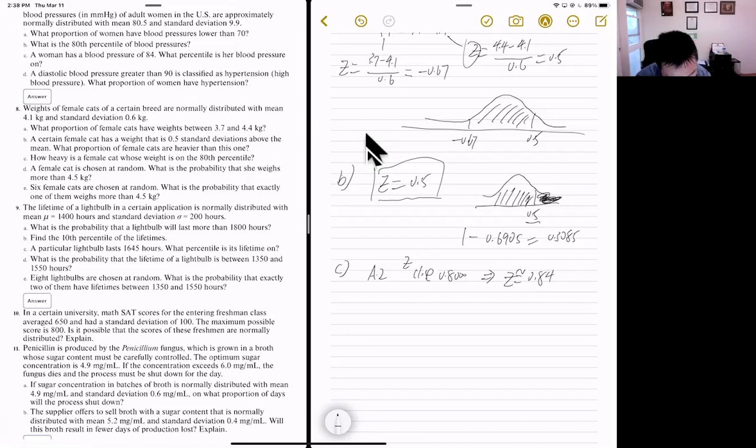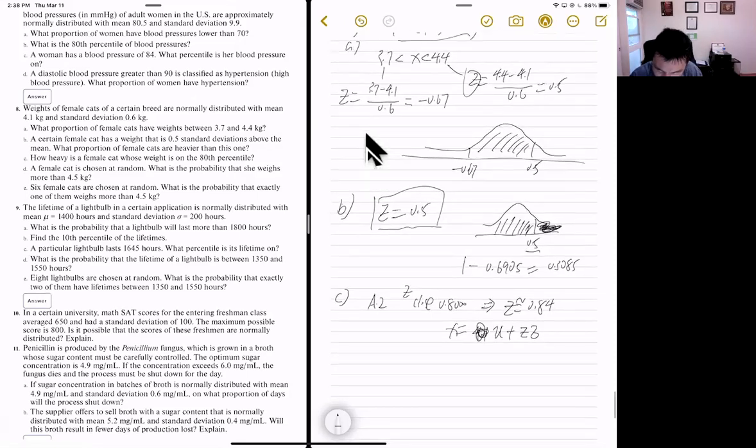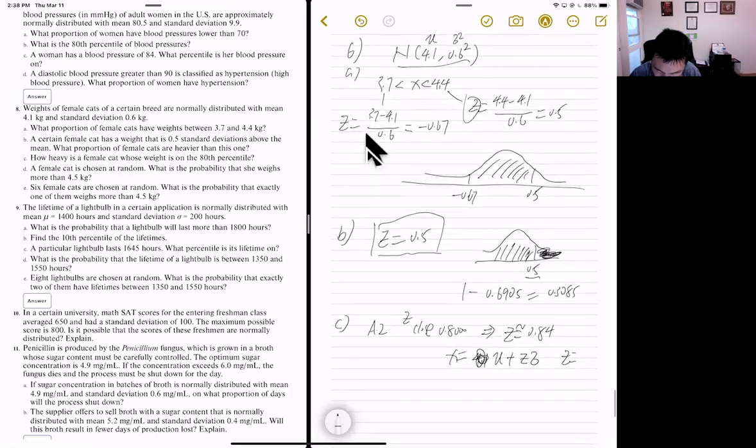Then asking for the weight, how heavy? The weight x will be 4.6. Why? Because x is equal to mean plus z times sigma. Again, this is because z is equal to x minus mu over sigma.